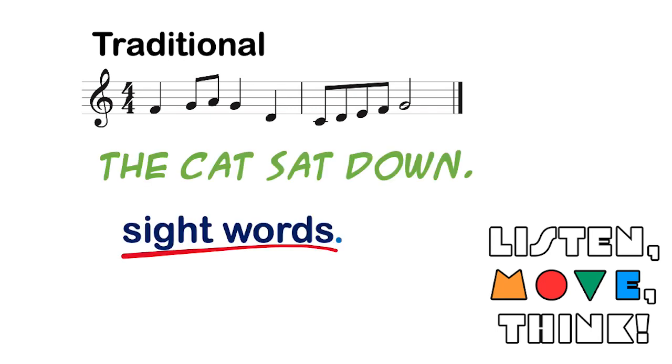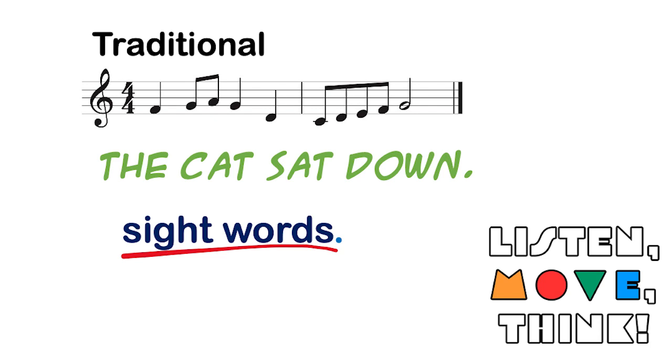This is like saying THE space CAT space SAT space DOWN. I'm just saying the letters. Or I could say the same, the cat sat down, as in THE space CAT space SAT space DOWN.